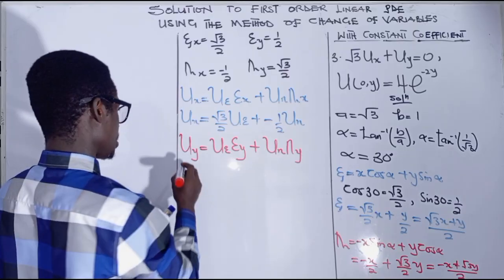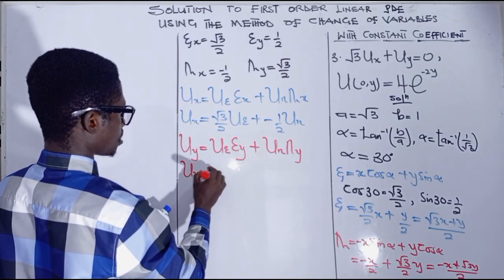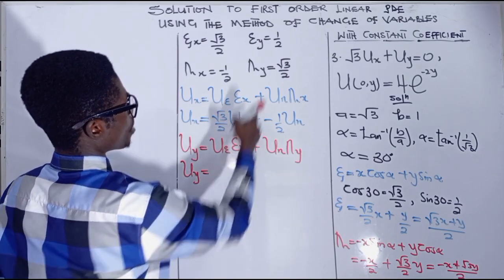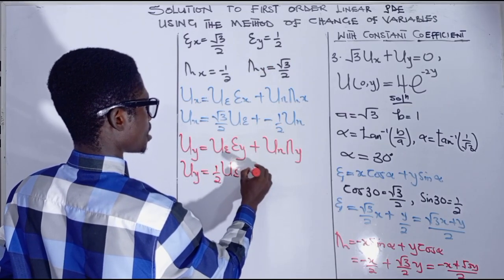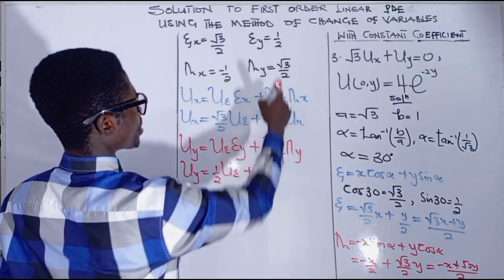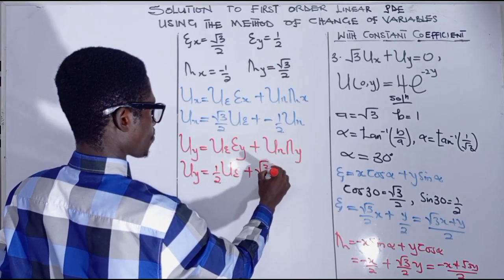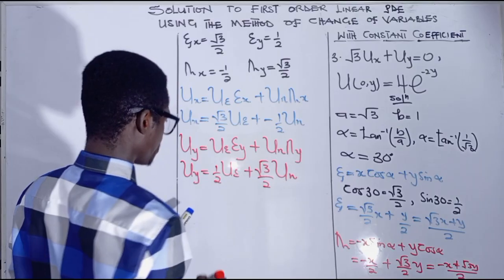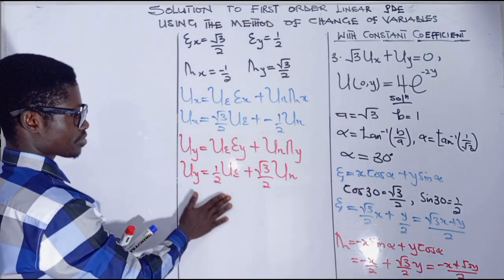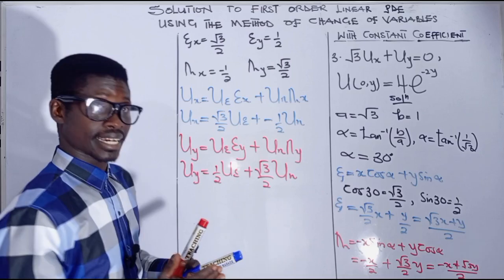Uy. So xi y, we have half. So half u xi plus eta y, we have root 3 over 2. And then we have what? U eta.